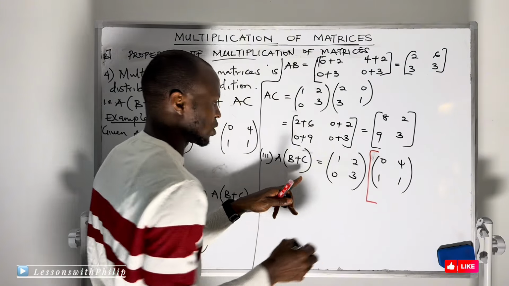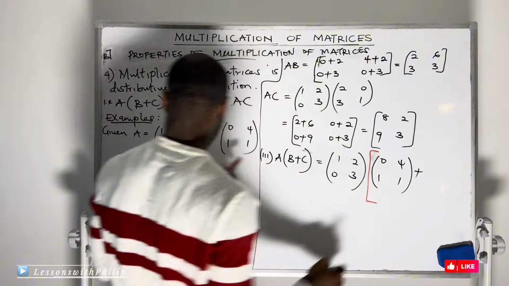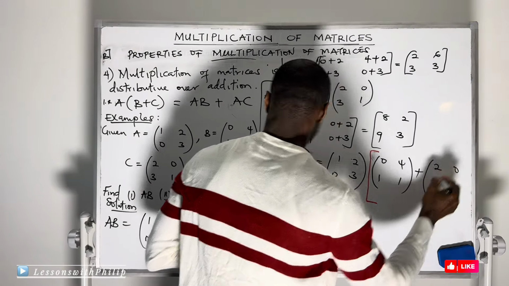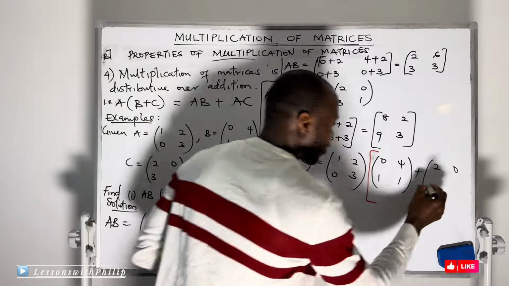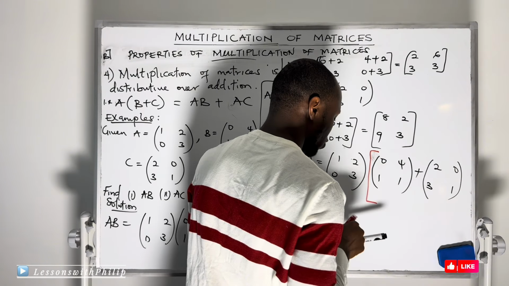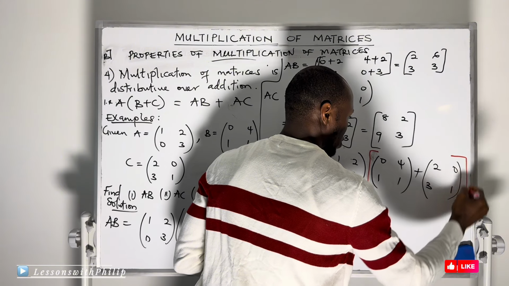And my matrix C is 2, 0, 3, 1. Then I close the matrix.